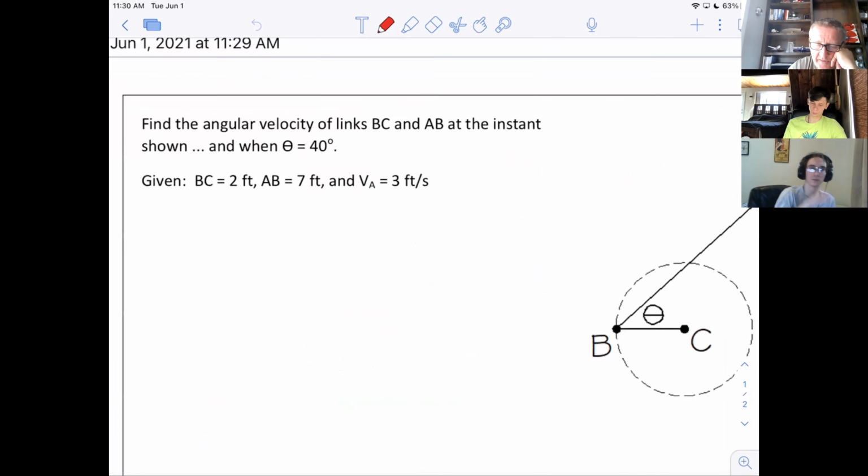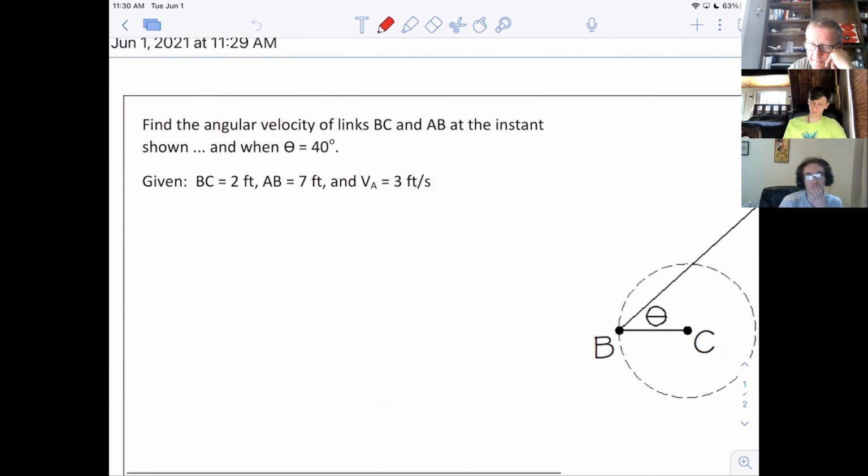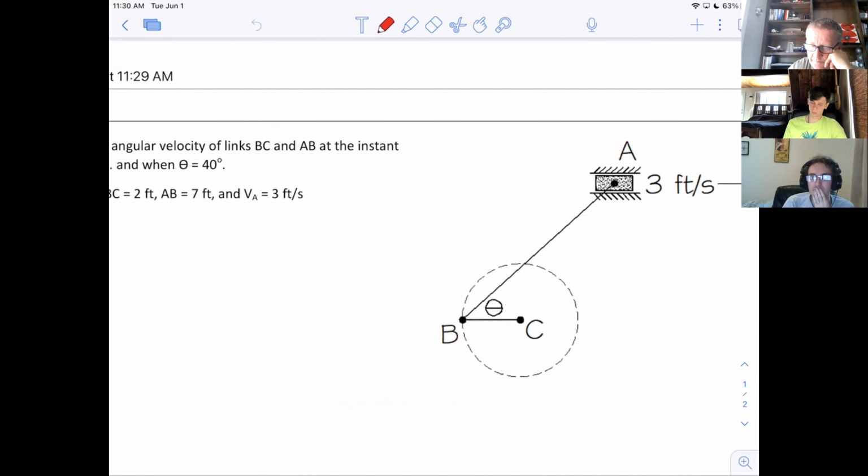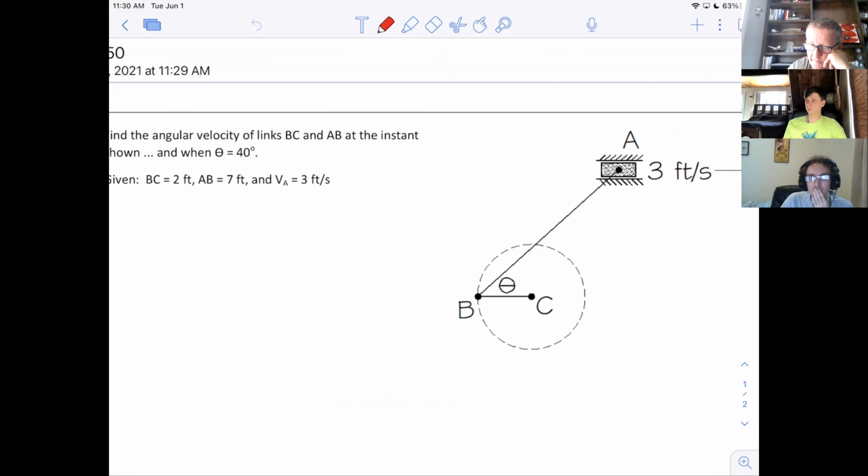Notice I asked a bunch of things. Find the angular velocity of link BC. In other words, that's like omega down here. What's the angular velocity of that link as it spins around, or B? I could have just said the angular velocity of B. How fast is it going? I could ask that question too.